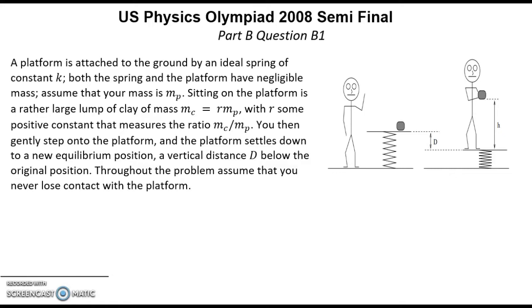You then gently step onto the platform, and the platform settles down to a new equilibrium position, a vertical distance d below the original position. Throughout the problem, assume that you never lose contact with the platform.